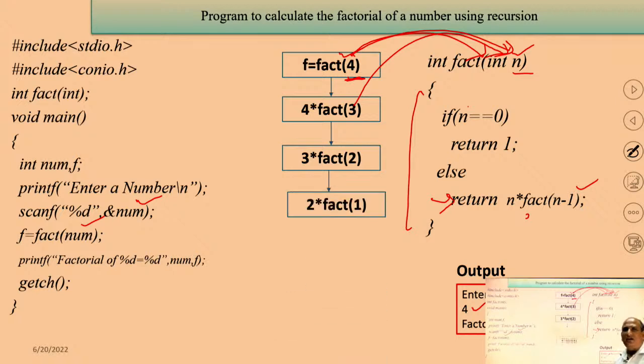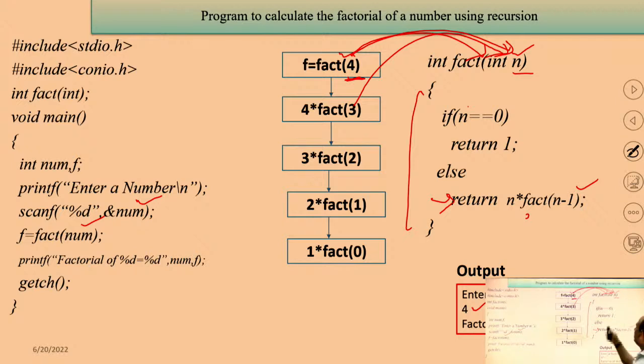Now it will return 2 into fact(1), and then the value of n is 1. Now the fact function will be called again with 1 as n, and now 1 into fact(0) is calculated, meaning fact(0) has been called.